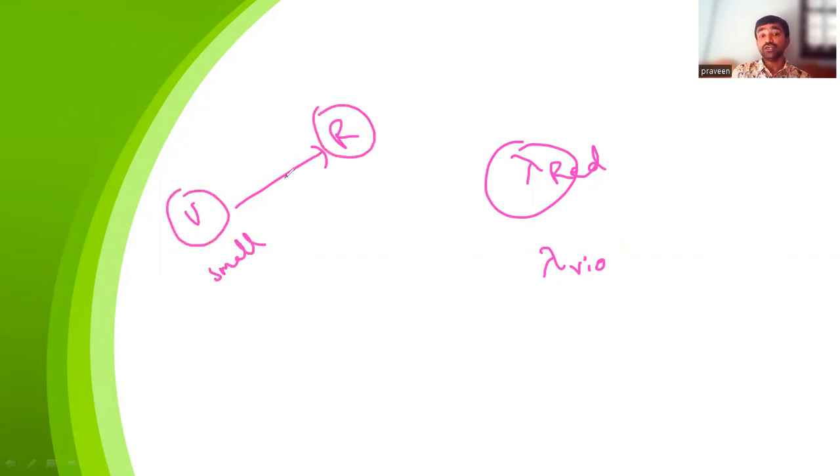This arrangement is given as spectrum, a combination of different wavelengths. Rainbow is a natural example for the spectrum.